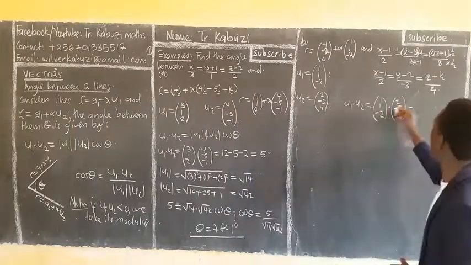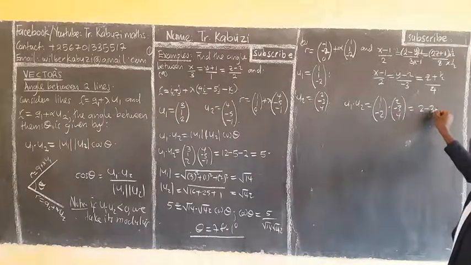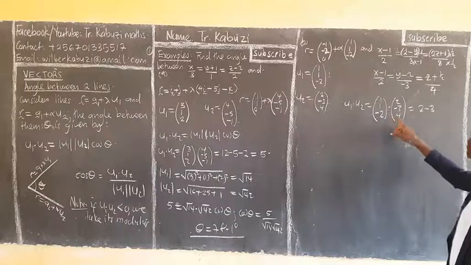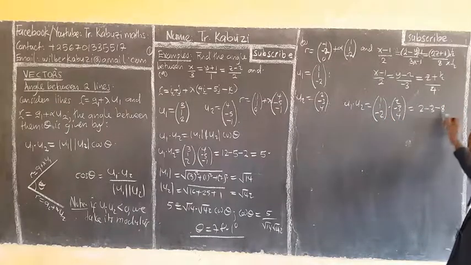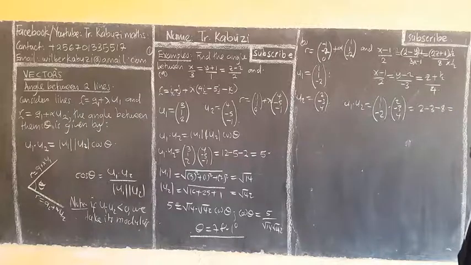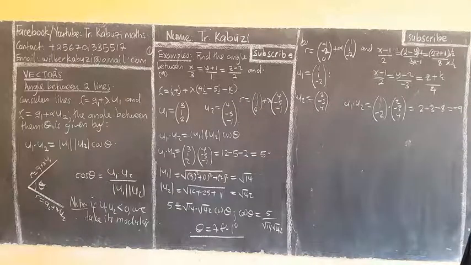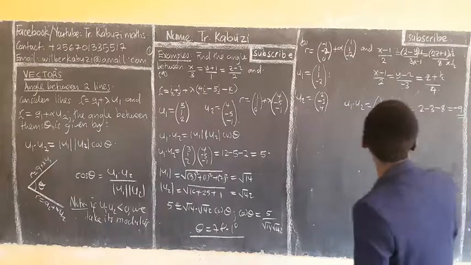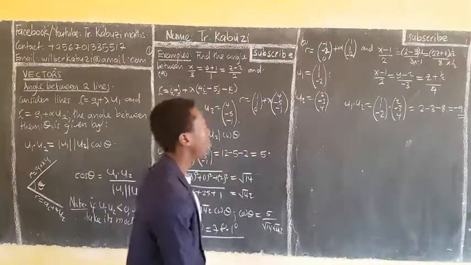This will be 2, then 1 times negative 3, then negative 2 times 4 gives negative 8. Adding, this is negative 9. So negative 9 is the answer we have there. But you see that it's negative. We said if it's negative, we take its modulus.